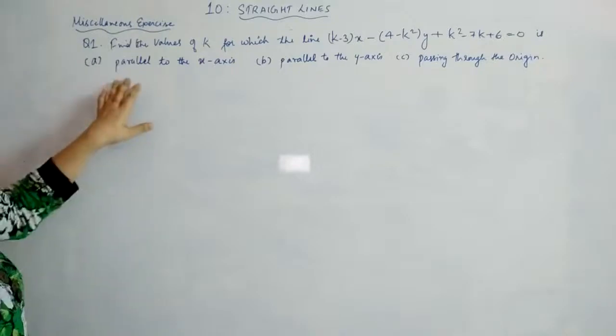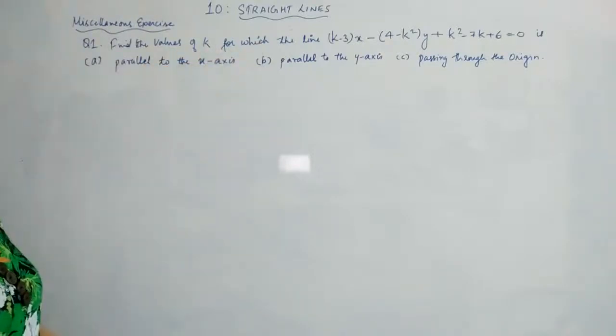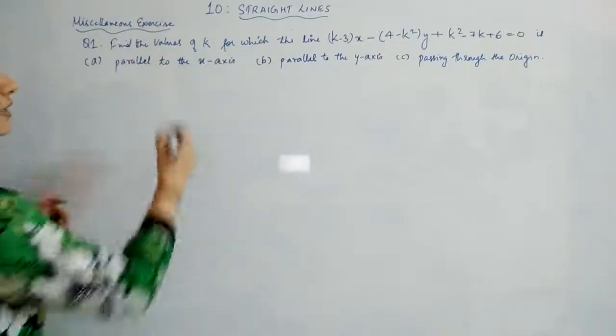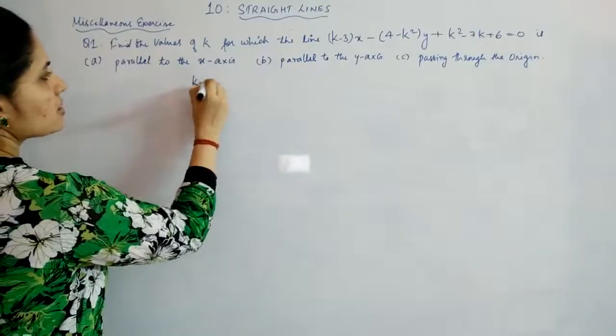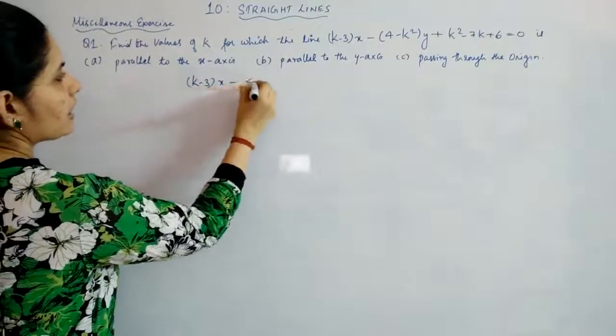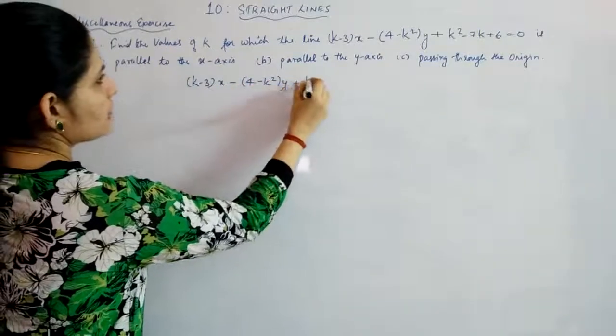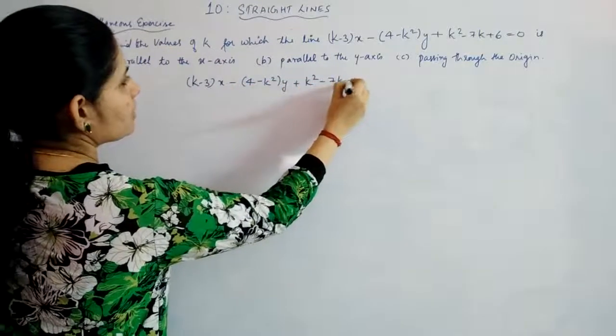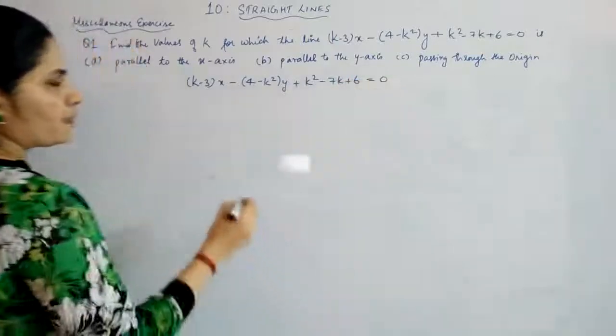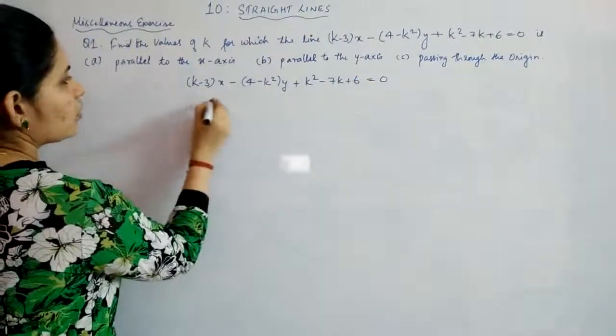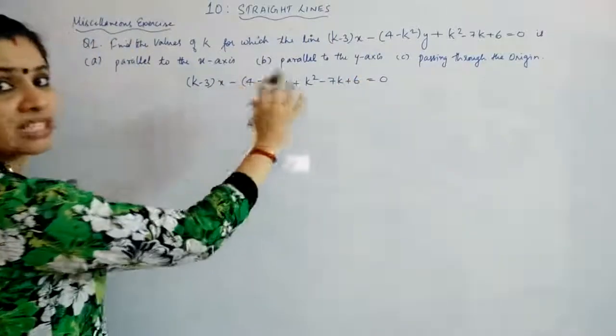So first we will start with what is the slope of the given line. The given line is (k minus 3) x minus (4 minus k square) y plus k square minus 7k plus 6 equal to 0. This can be made in the form y is equal to mx plus c.